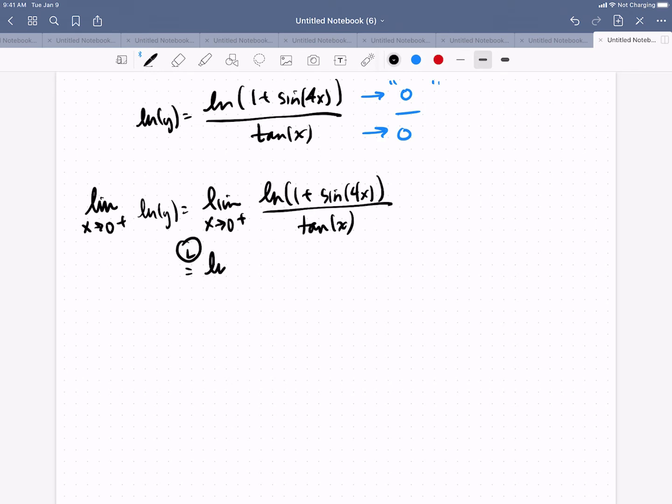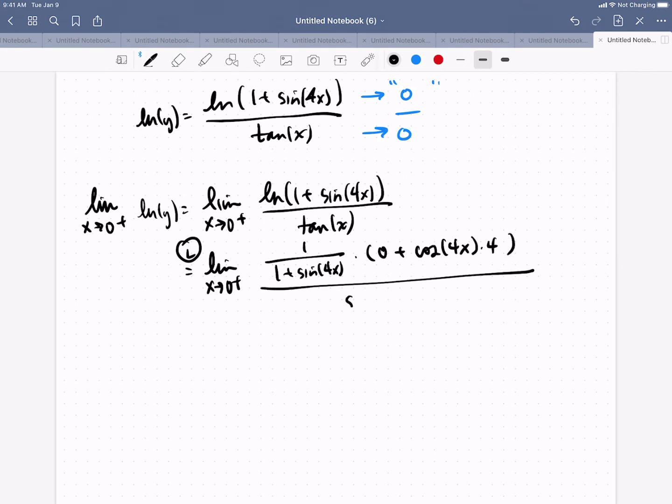Here I'm going to apply L'Hopital's rule. So differentiating the numerator, the derivative of the log of something is 1 over that something. And then you multiply by the derivative of that something, so we get 0 plus cosine 4x times 4 by the chain rule.